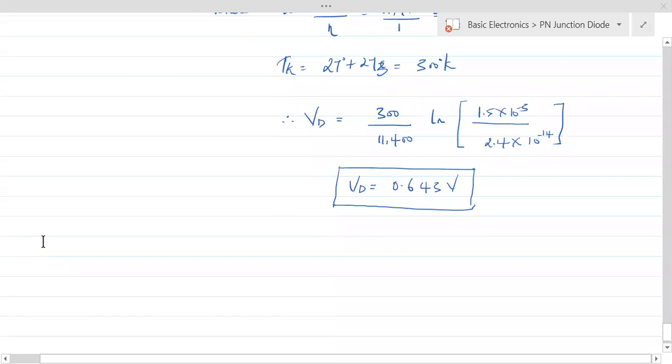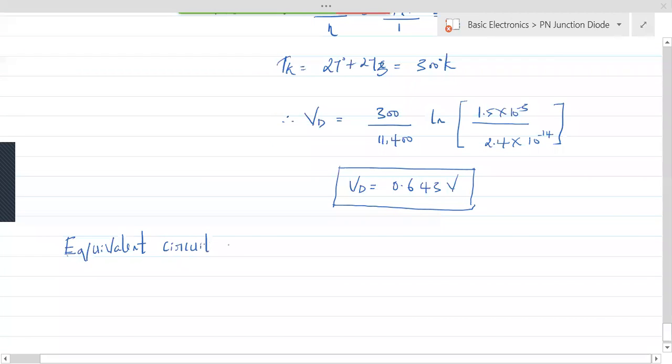Everybody take down this equivalent circuit of diode.